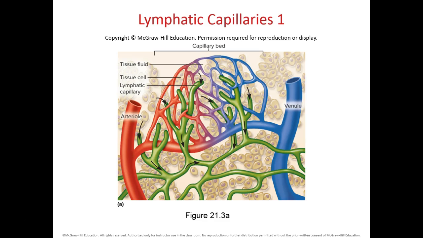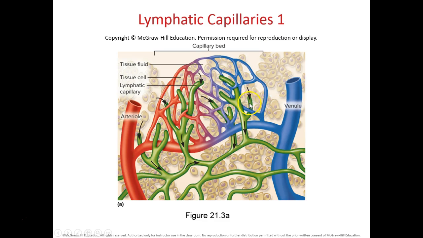All right, so here's a picture. In our conventional pictures, remember red usually signifies the arteriole, blue the venule. So this is carrying the oxygenated blood, this is carrying deoxygenated blood. And the green is showing the lymphatic vessels. These are the vessels that are picking up this excess fluid that has leaked out of the venous system so it can return this to the venous system.